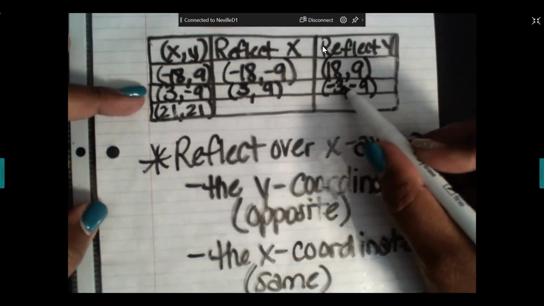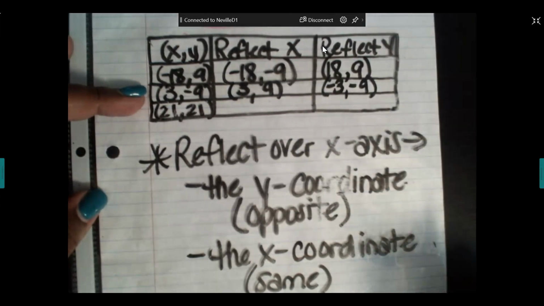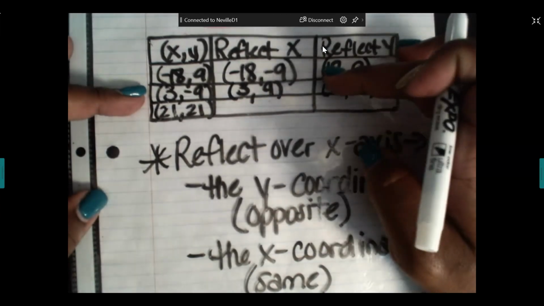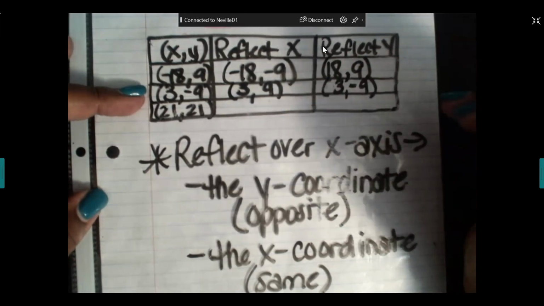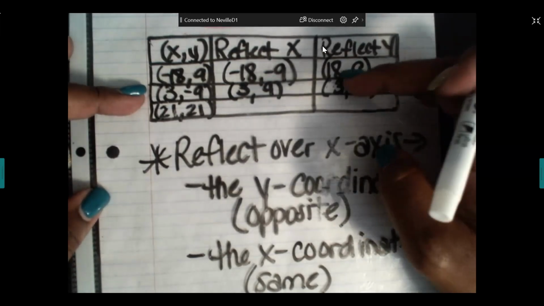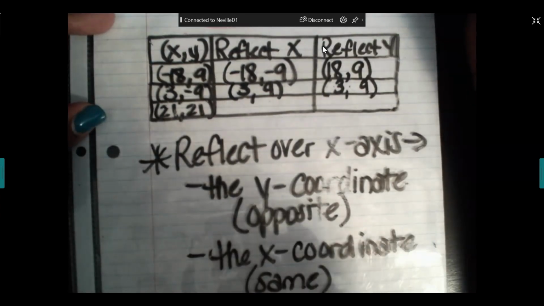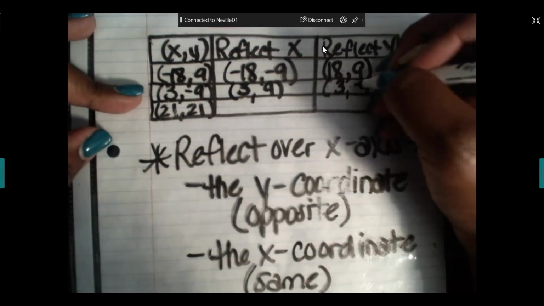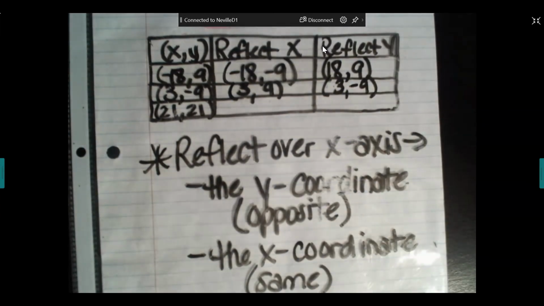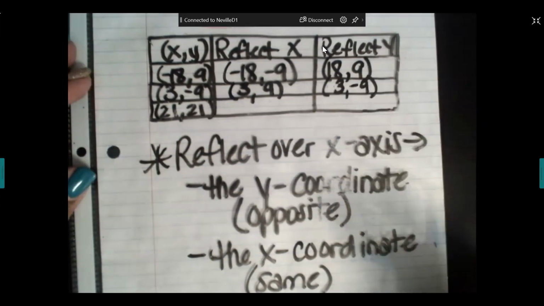Oh, hold up. It'd be a +3, wouldn't it? (3, 9). What? It is a -9. Got it. Yes. The y-coordinate stays the same, sweet girl.